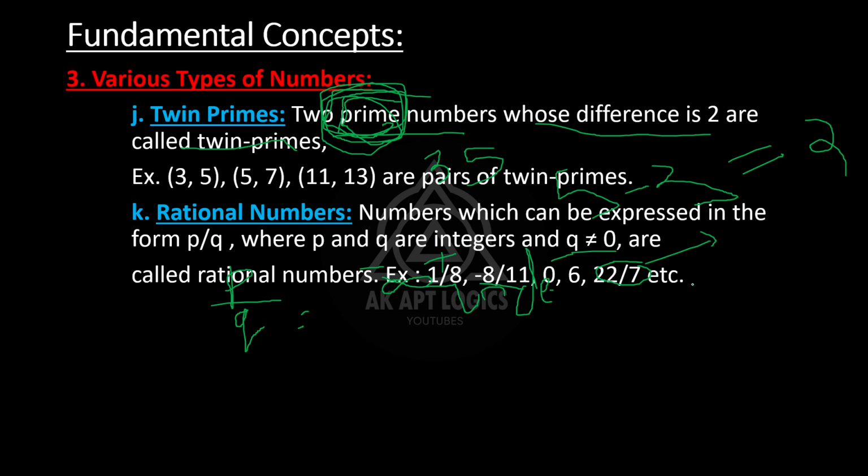rational number. Even if you are going to see 0.6 bar, this number is also a rational number. We can also express this number in the form of p by q. How?